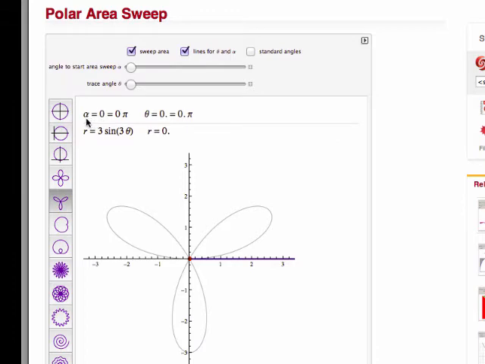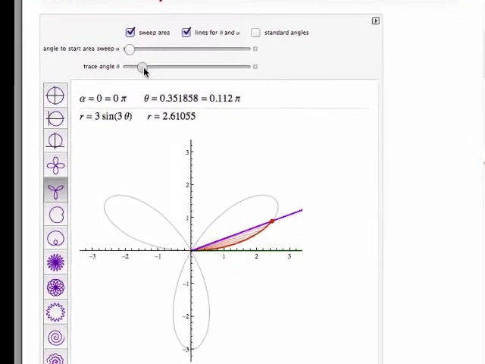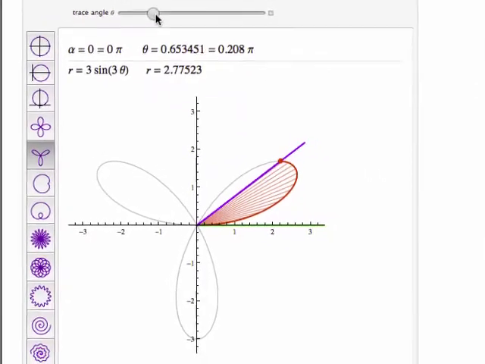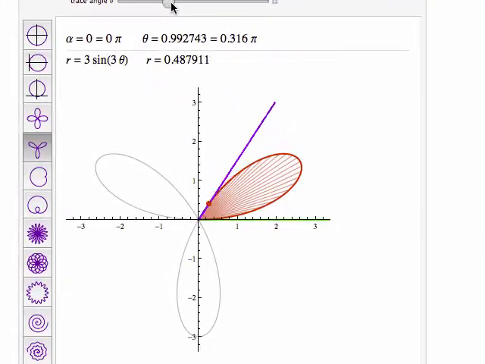My initial angle, represented in blue here, is 0 radians, and I'm going to increase the angle, which sweeps out an area between the curve. I'm going to go right up to the point where the area of that first petal has been completed, and that angle we could actually calculate to be pi over 3.